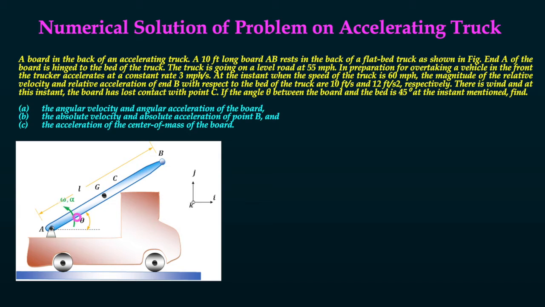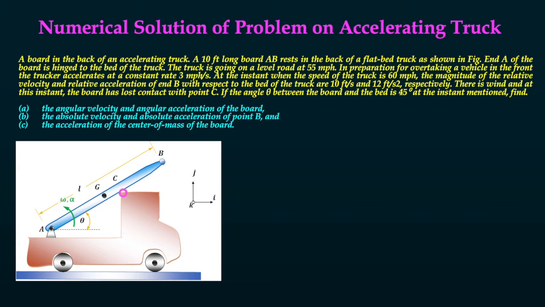Let us consider the angular speed of the ladder with respect to this truck body is omega and the acceleration is alpha. Total length of the ladder is L here, and G is the middle point, meaning the center of gravity lies on point G. C is the point of contact.